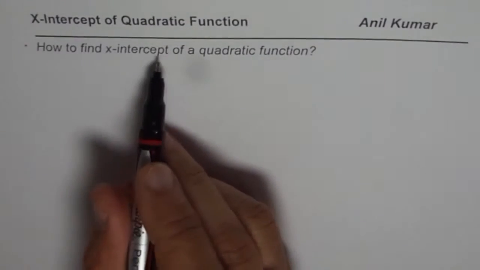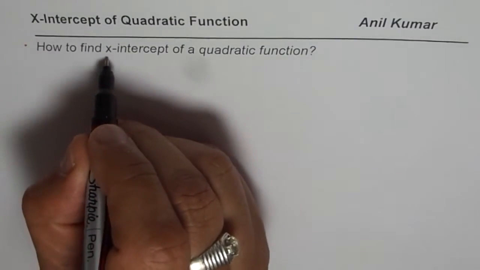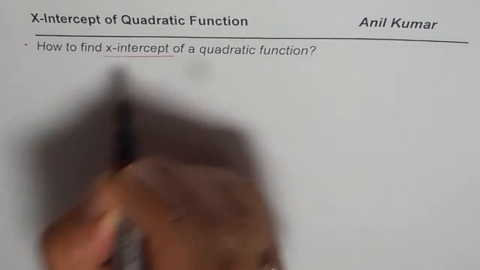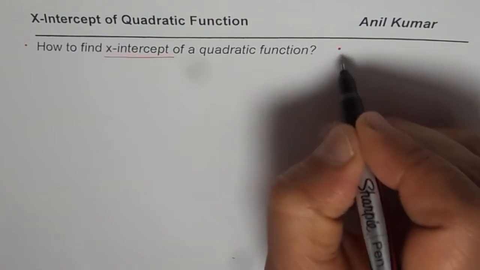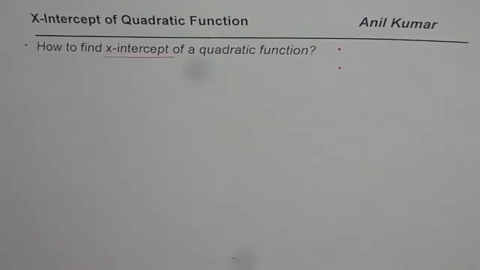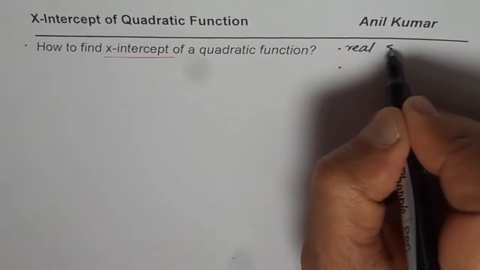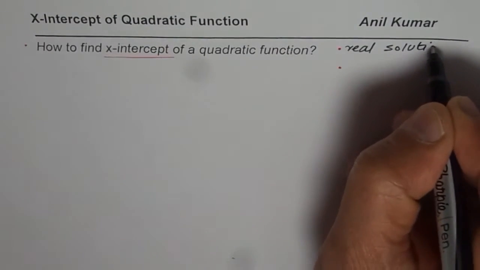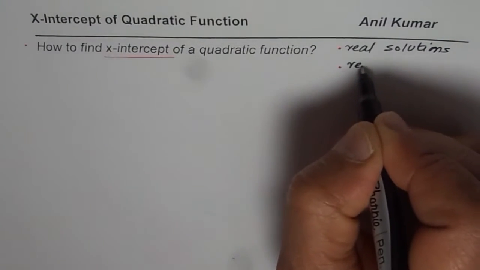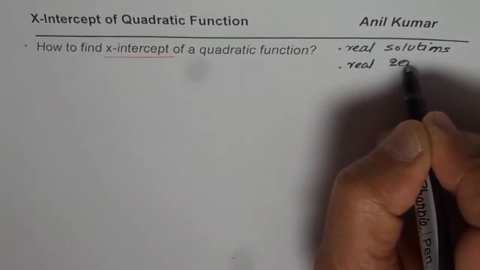Normally, when we say x-intercepts, we could have replaced this term with terms like how to find real solutions, or real zeros.